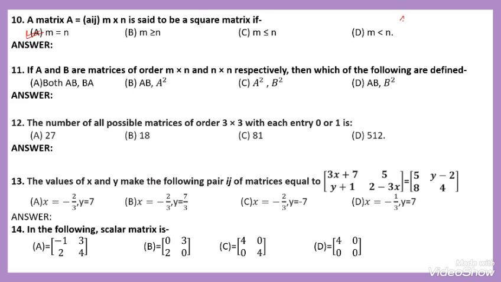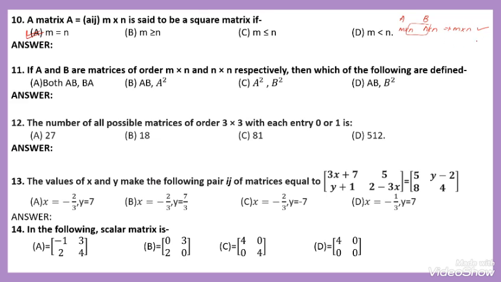A containing the order M cross N, and matrix B containing the order N cross N. By the definition of multiplication, the number of columns of the first matrix A and the number of rows of the second matrix B are both the same, then the resultant matrix will be M cross N.